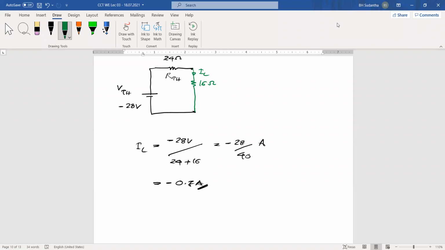Okay, then any question, anything else? Okay, if you don't have any other question, shall we finish the class today? The next day we can discuss how to solve these types of problems using Thevenin's theorem.